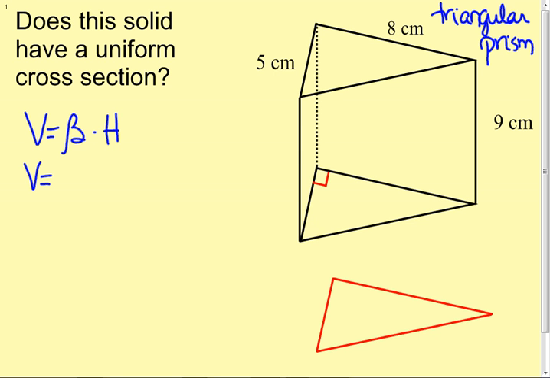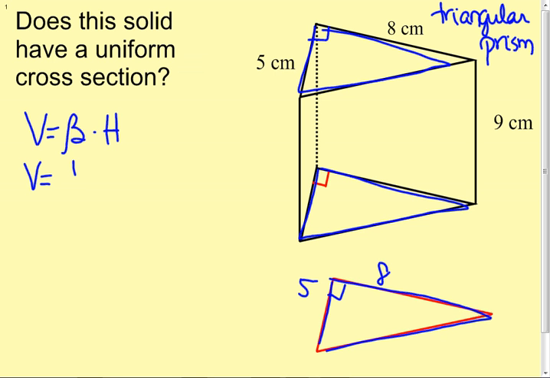Well, the shape of the base is a triangle. That's the base. It's sitting on the base. It doesn't always have to sit on the base. And this is 5, and this is 8. So it's 1/2 the base of the triangle times the height of the triangle times the height of the prism. Because sometimes what happens is you forget to multiply by one of the numbers.